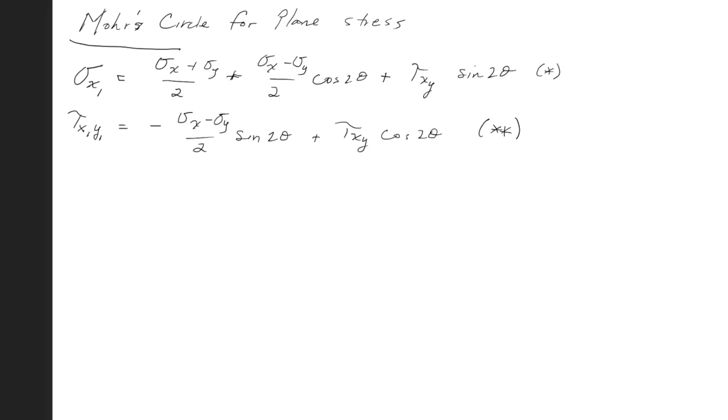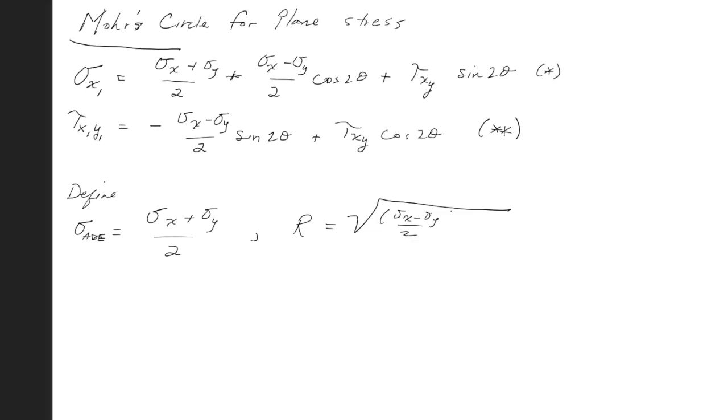Okay, now if we define a quantity called sigma average equal to sigma x plus sigma y over 2, and then R, which will eventually stand for radius, equal to the square root of sigma x minus sigma y over 2 squared plus tau xy squared.